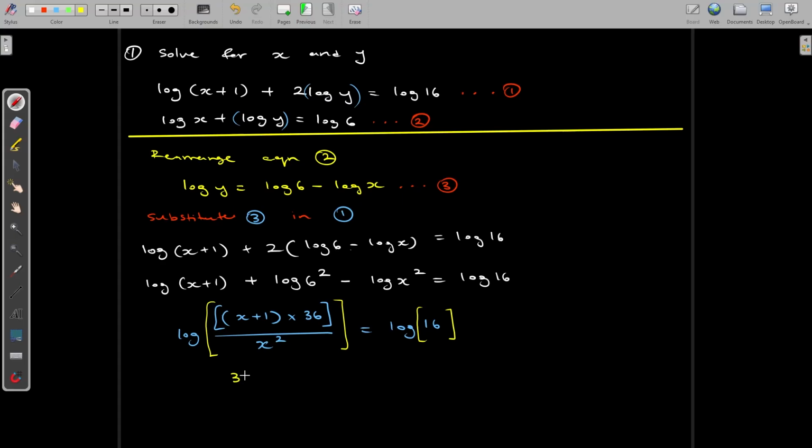So 36x plus 36, so we just distributed the 36 here, over x squared is equal to 16. So from here we should be able to solve.